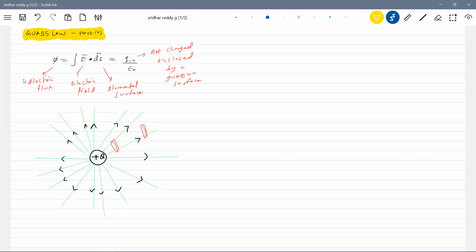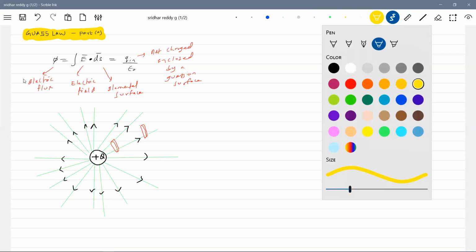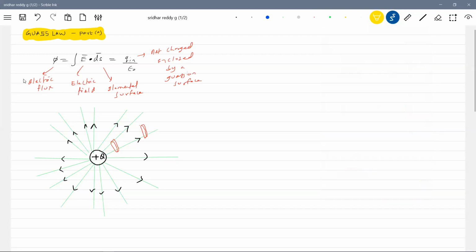So what is this? This is the surface. What about the lines of force here? There are two lines of force passing. What about here, how many lines of force? Only one line of force.